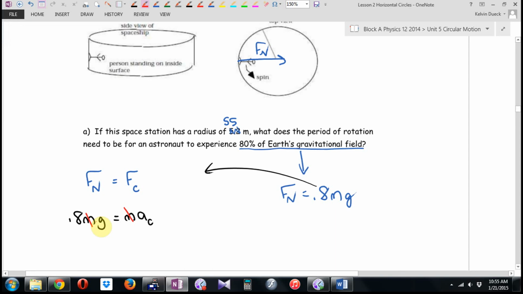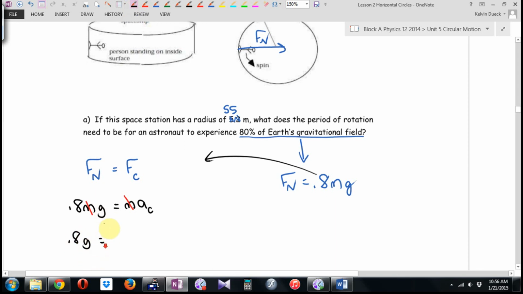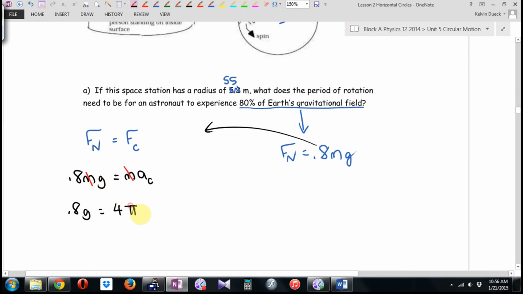Which a_c do I want to use? The one with the speed or the one with the period in it? How do I know? Okay, it's talking about that. So I'm going to say then, 0.8 g equals 4 pi squared r over T squared. They want me to find the period of rotation, how many seconds it would take for it to rotate if we wanted to have an artificial gravity.